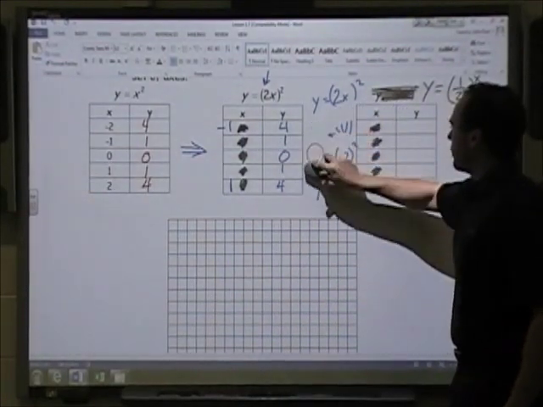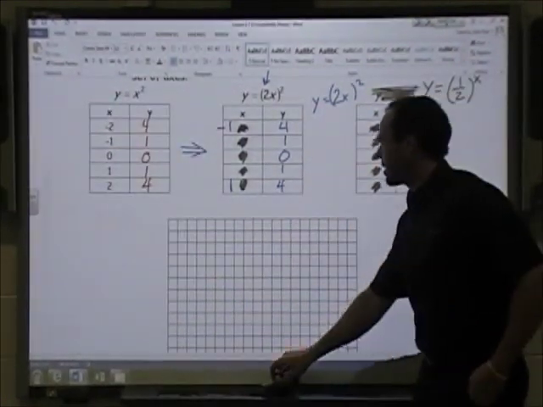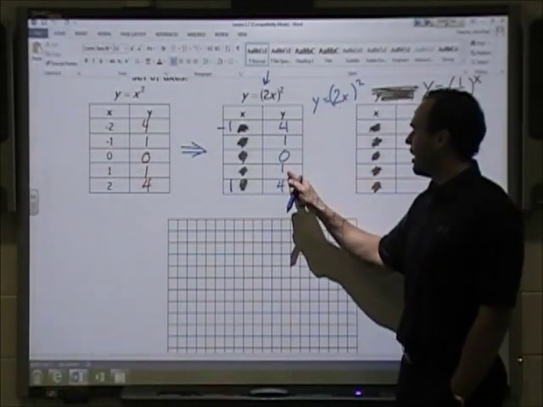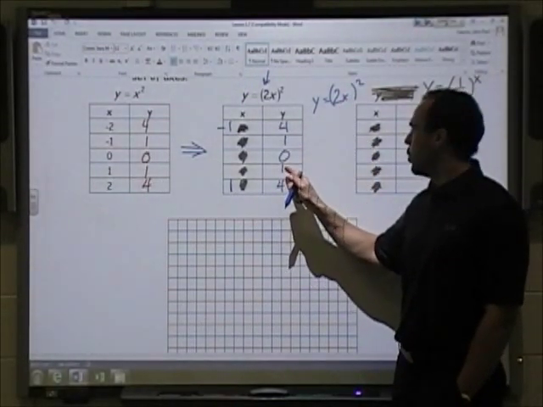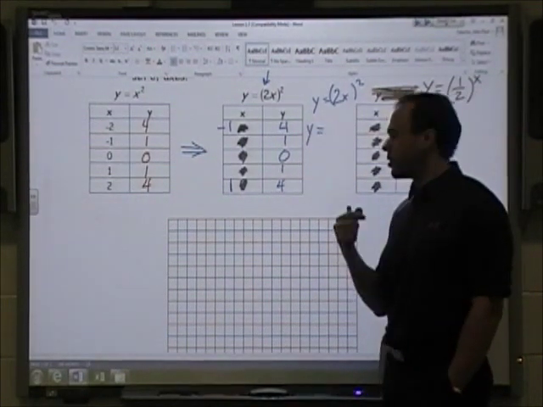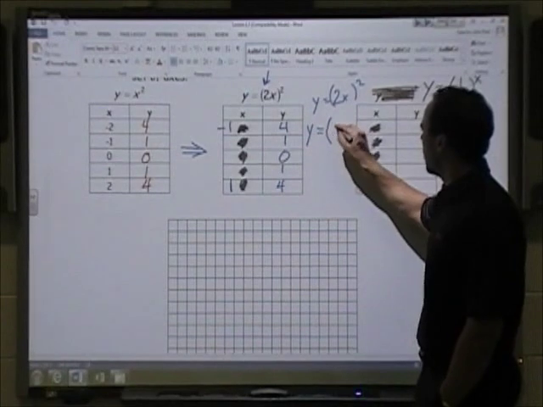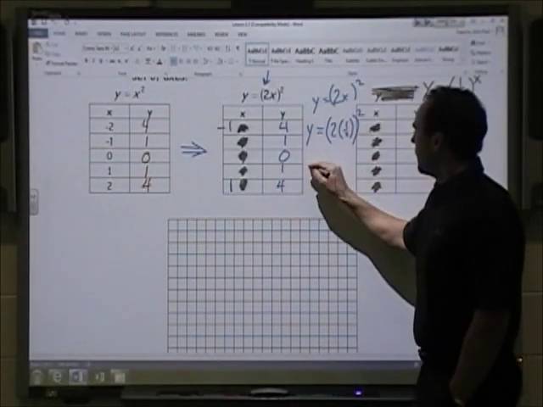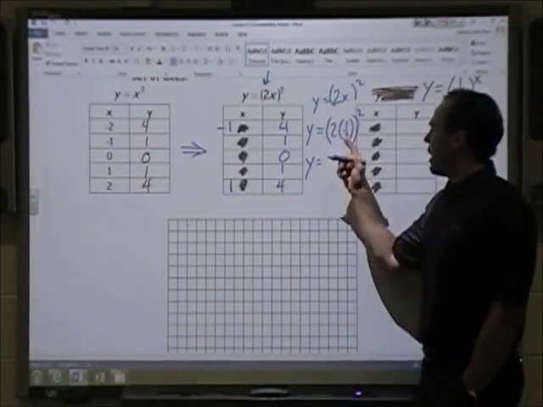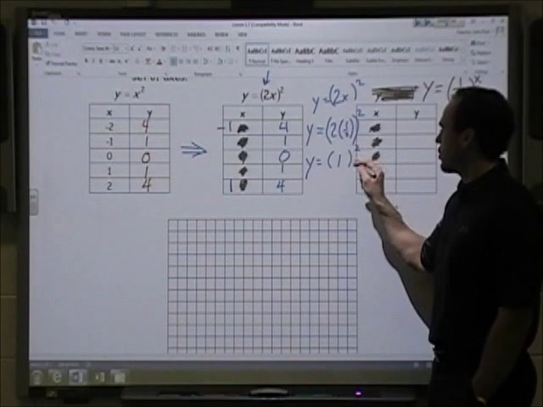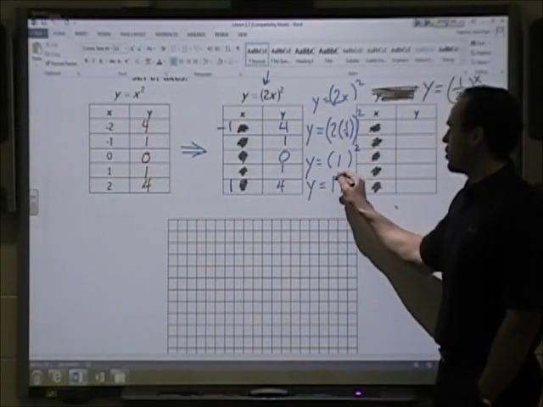So then I start playing with the numbers again, and I start asking myself, what should be plugged in for x in order for me to get a final answer of 1 for y? So what should my input be in order for my output to be 1? So I start working backwards. If I plug in x equals a half, inside the bracket this will be 2 times a half, which is 1 all squared, and 1 all squared is 1.